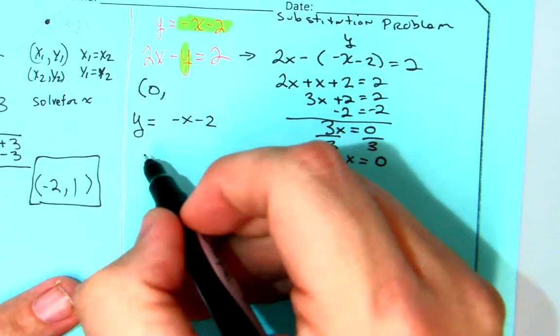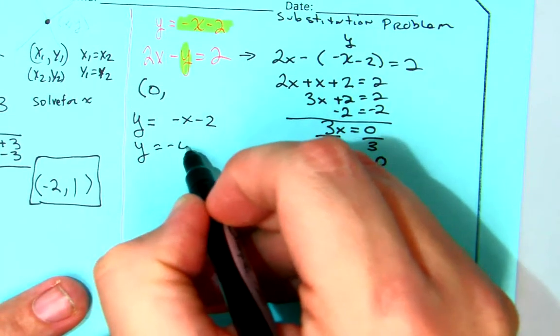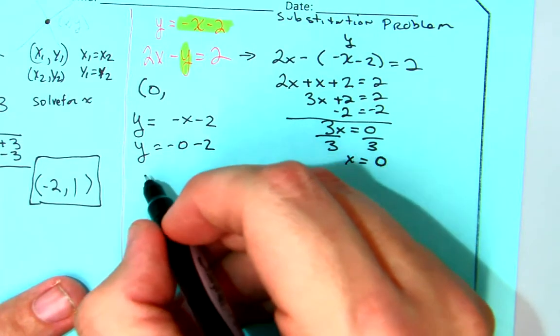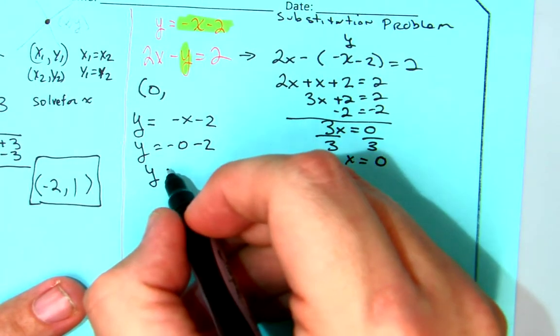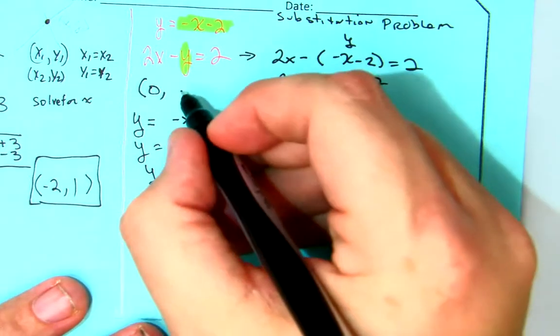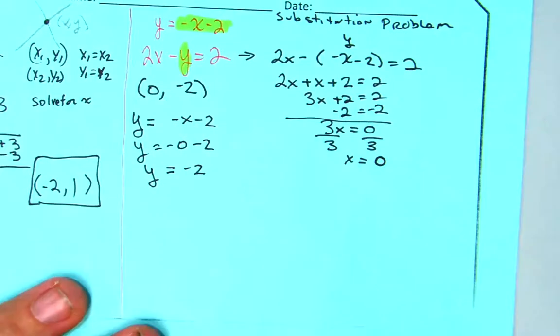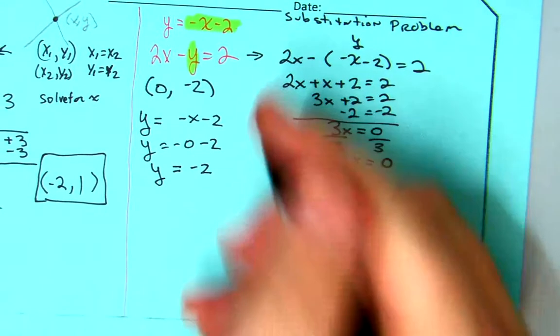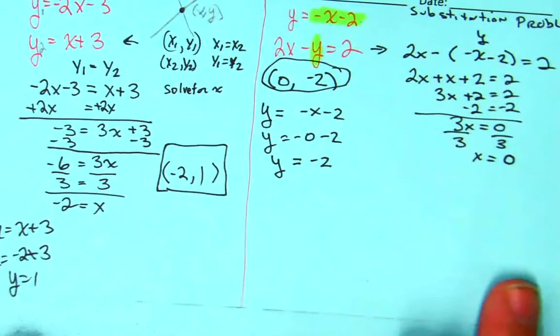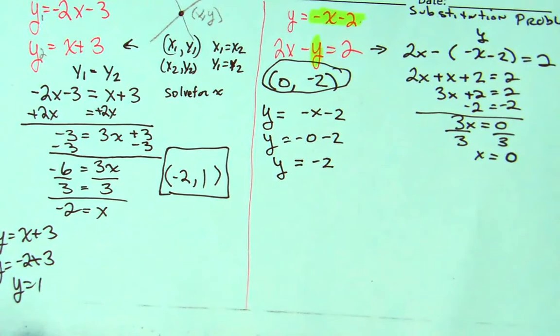If I put in a 0 for x, I get y is equal to negative 0 minus 2. What's negative 0? 0. y is equal to negative 2. I get a negative 2 as my value. There's my point of intersection. That's my solution. So for both of these, we're good to go on both of them.